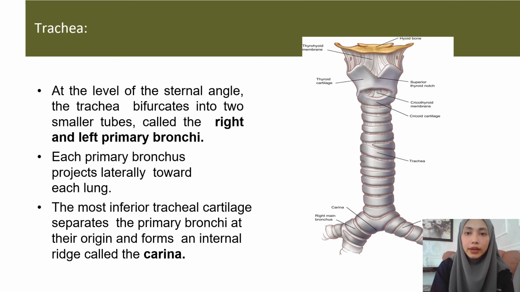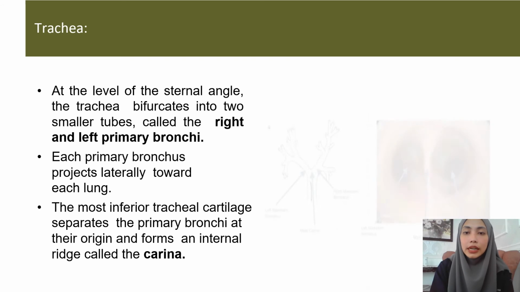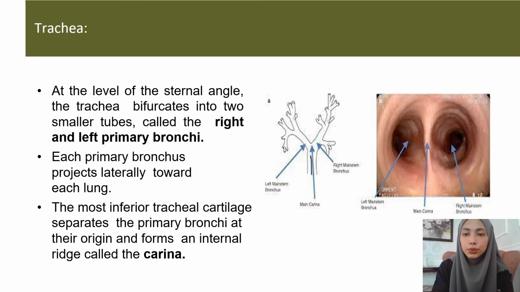So daripada trachea, then bahagi jadi right bronchi, left bronchi. And then the most inferior tracheal cartilage separates the primary bronchi at their origin and forms an internal ridge called the carina. So carina tu is a junction lah of two main bronchus. So we have right, left, and this is the carina.